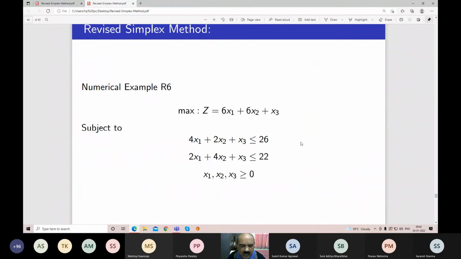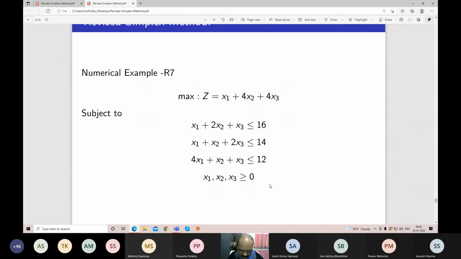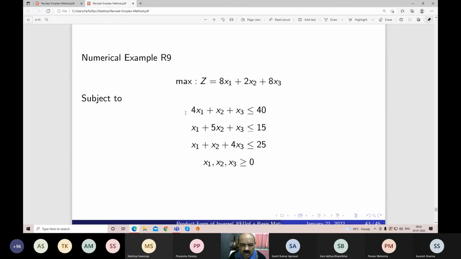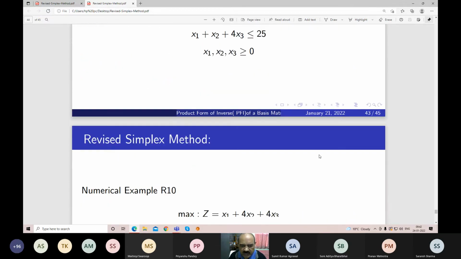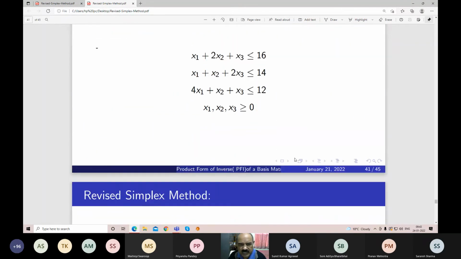But the seventh has a basis matrix of size 3 by 3. The eighth, ninth and 10th are also 3 by 3. So we are going to calculate this basis matrix and its inverse using the product form of inverse. If any doubt here, you can ask, I can explain.